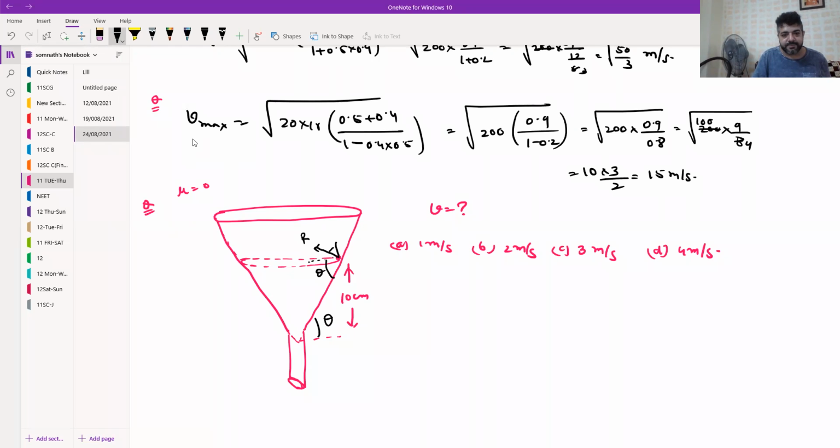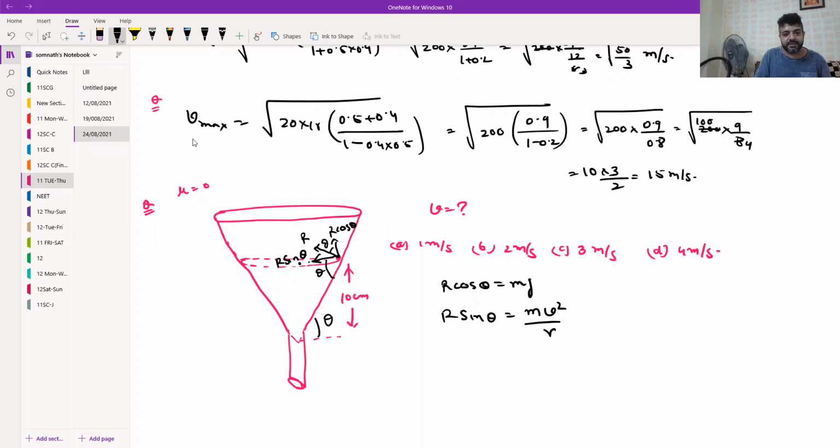So along the base is R cos theta and this is R sin theta. First of all, R cos theta balances mg and R sin theta balances mv square by r.